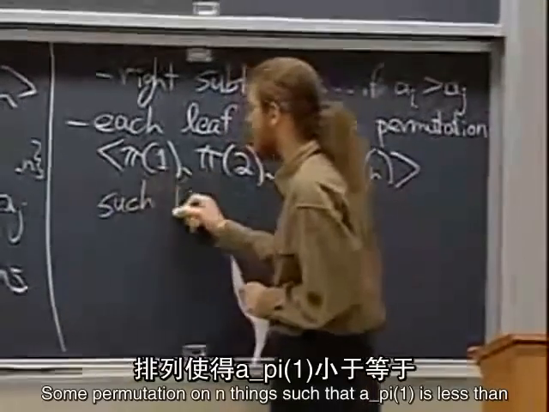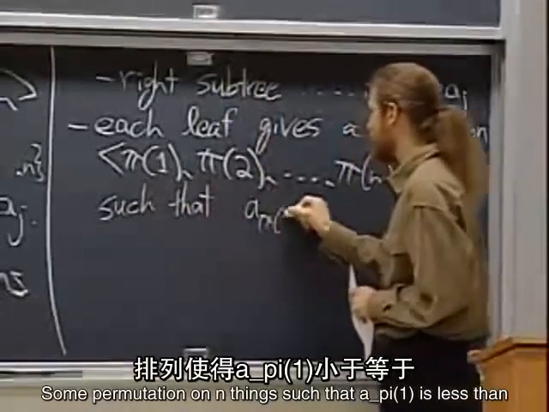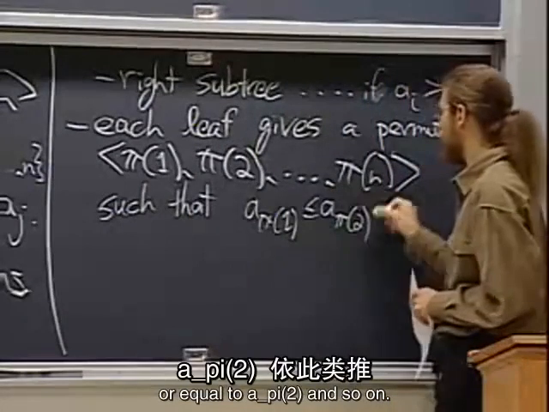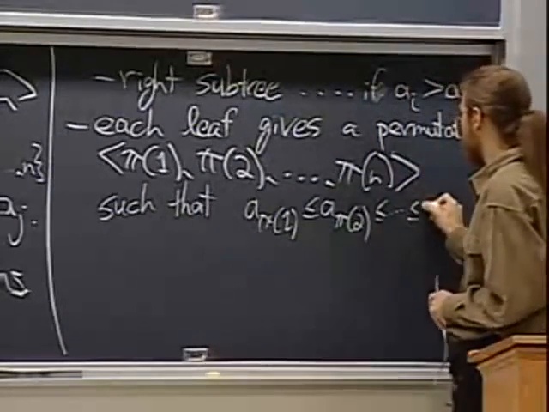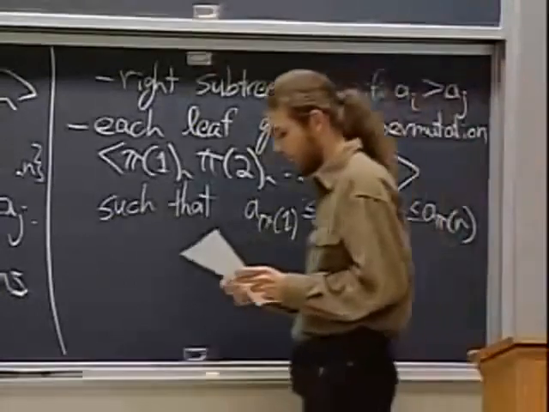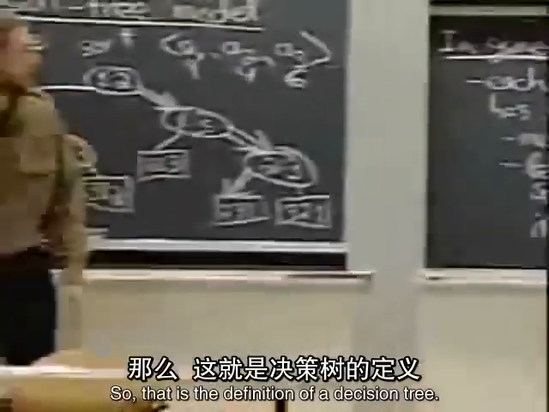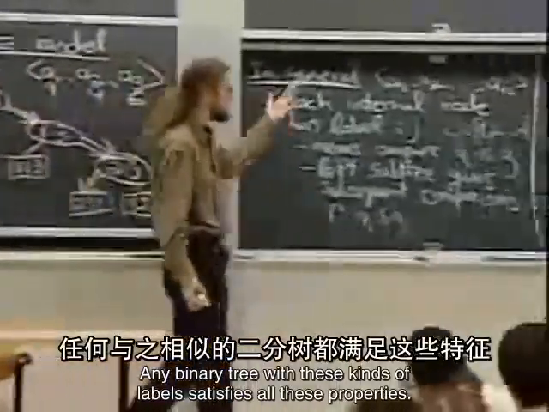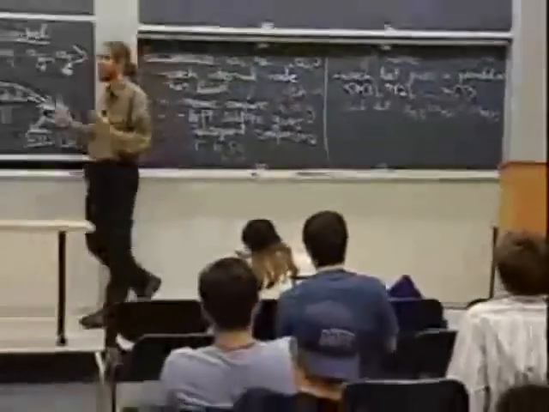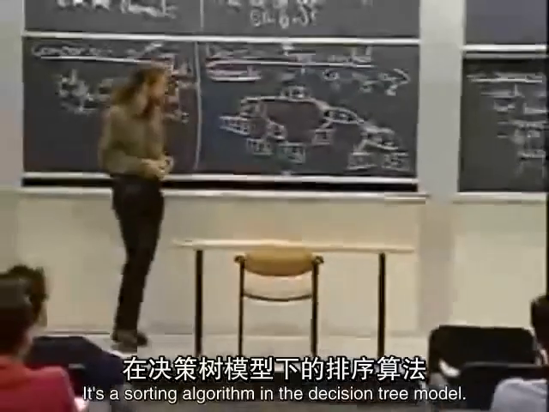Some permutation π on n things such that A_π(1) is less than or equal to A_π(2), and so on. Okay, so that's the definition of a decision tree. Any binary tree with these kinds of labels satisfies all these properties. That is, in some sense, a sorting algorithm. It's a sorting algorithm in the decision tree model.